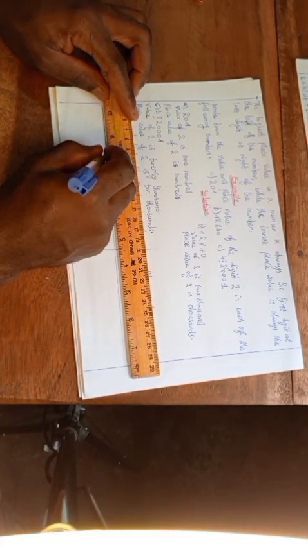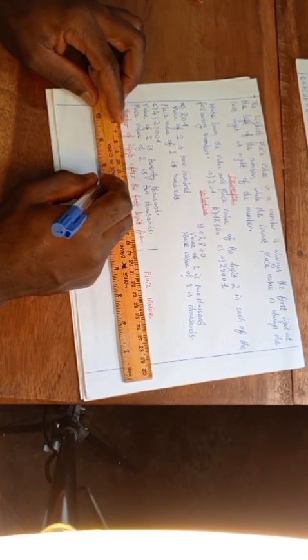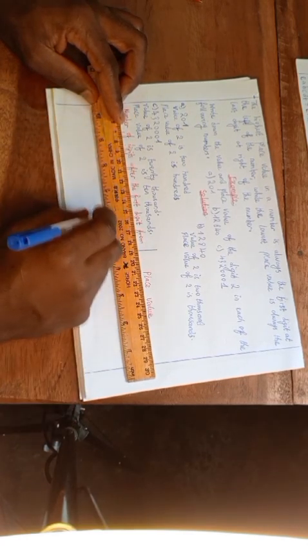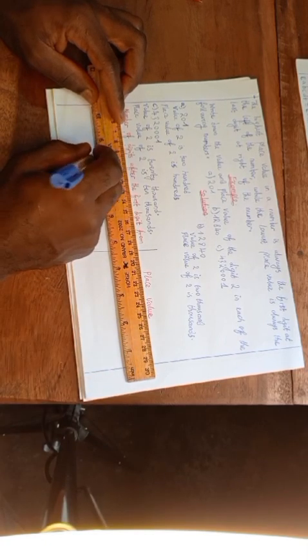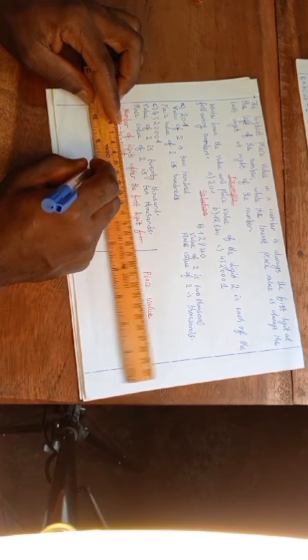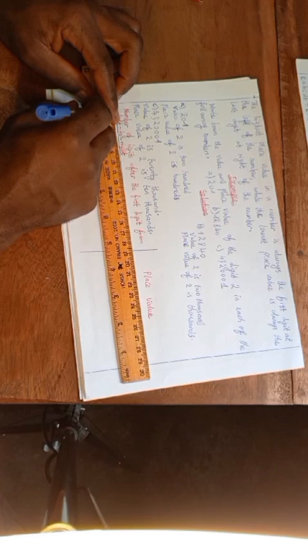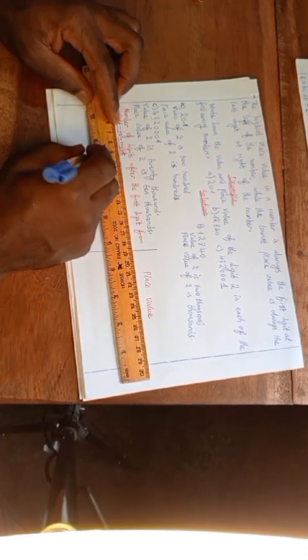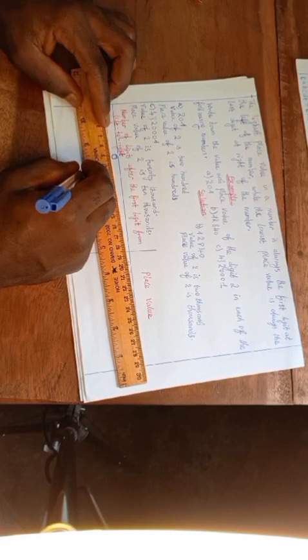Let's just write out the number of digits first. 1, 2, write down 3. Let's write them out before we write down their place values.